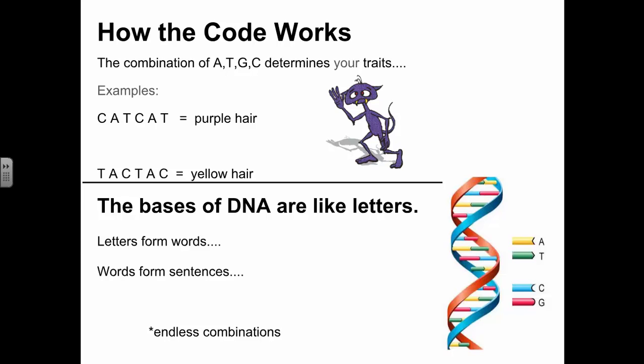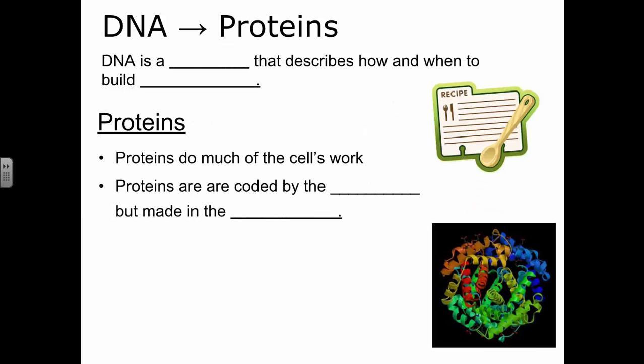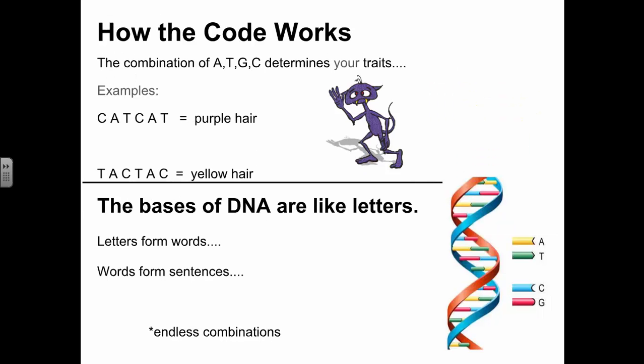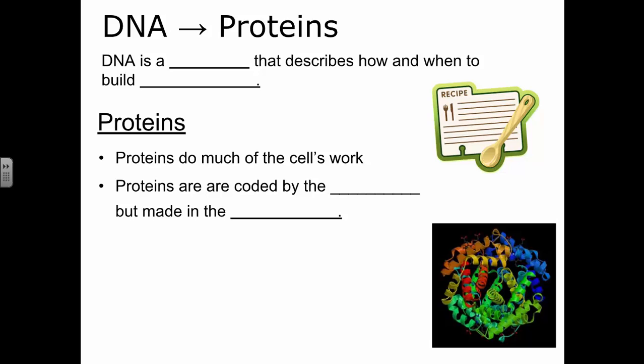So the order of these bases is what gives us our genes and our traits. It's kind of like we can put the letters of our alphabet in different order to make all the words that we have and make sentences and paragraphs, and you could continue that forever. The same is true of DNA. The order we put together these A's, T's, G's, and C's is what forms our genes.